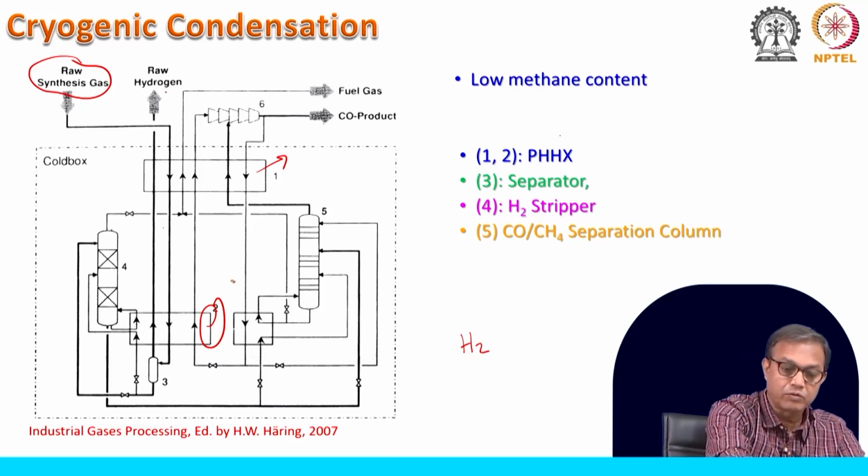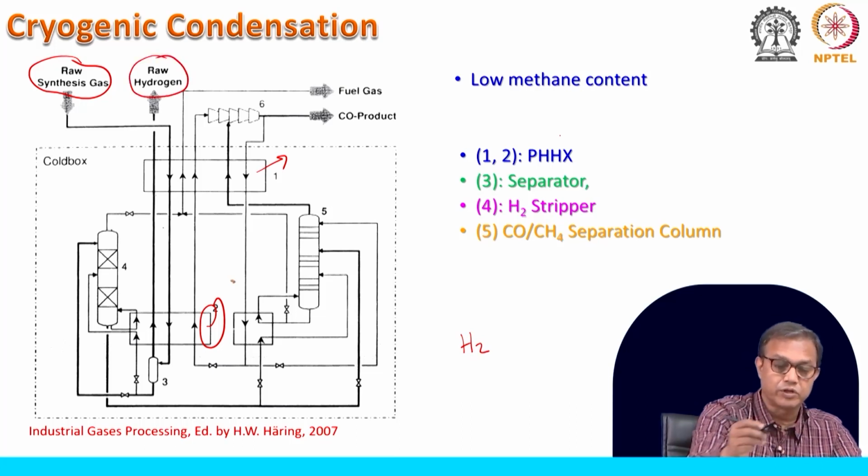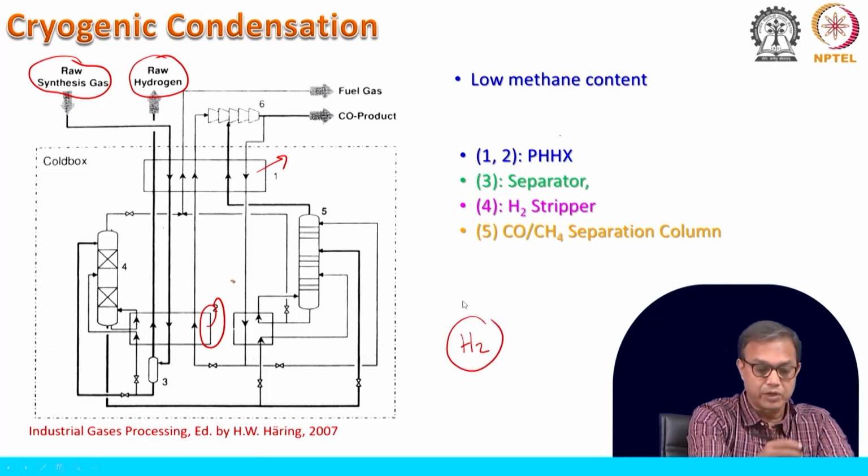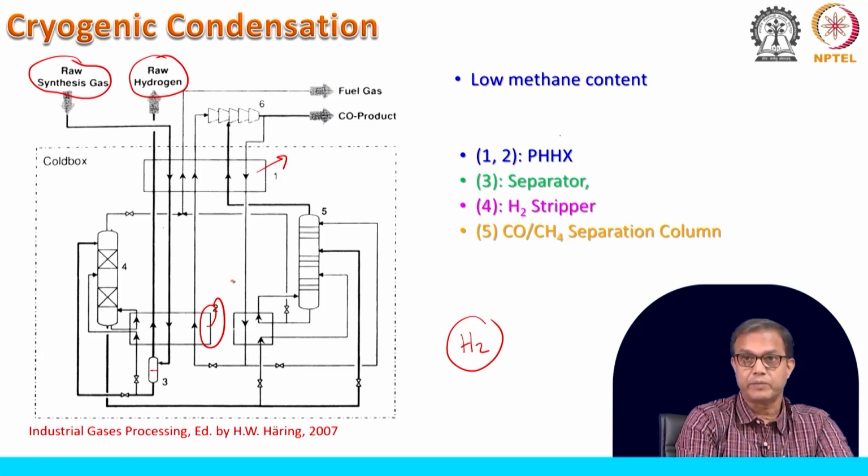H2 will be coming out. So, this is that raw hydrogen we have talked about so far. This raw hydrogen will be coming out, whereas the other part, that is the CO-CH4 mixture, will stay back.